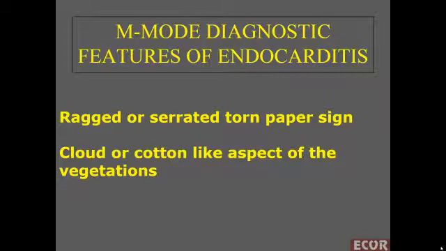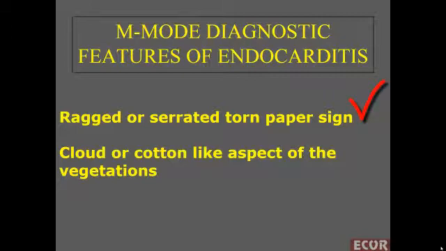I am meaning the characteristic aspect of the vegetations on M-mode. Due to M-mode's better time resolution, it's possible to demonstrate the rugged surface of the vegetations, even very small ones not yet seen by 2D.